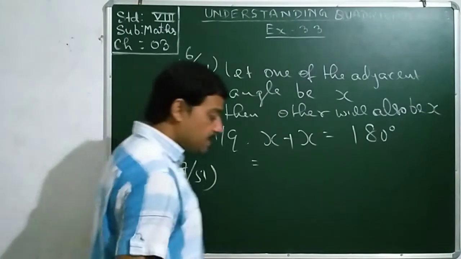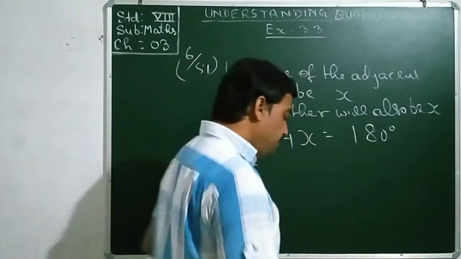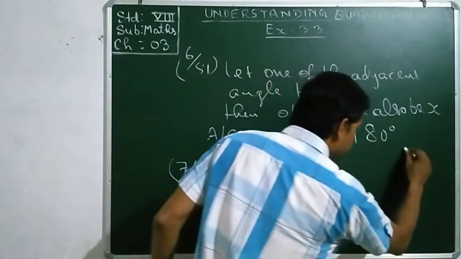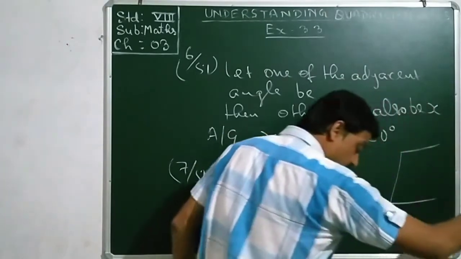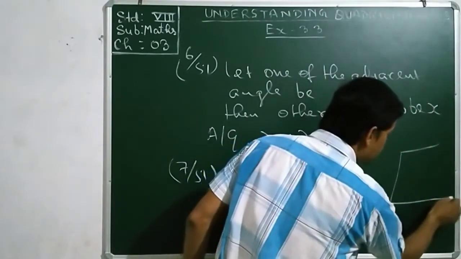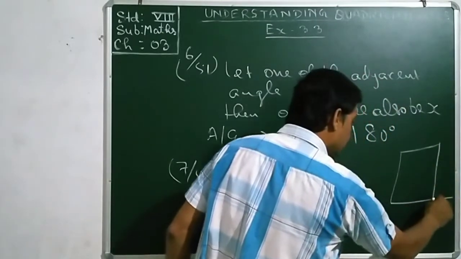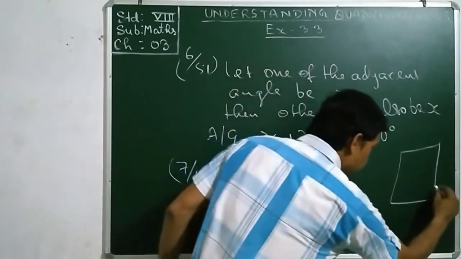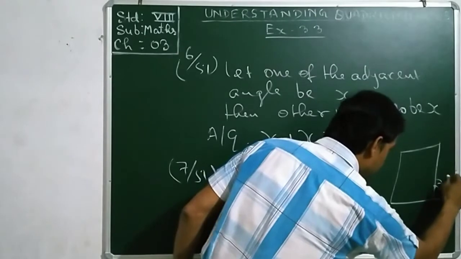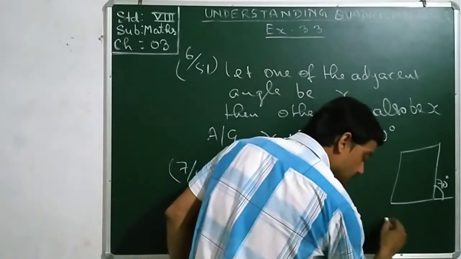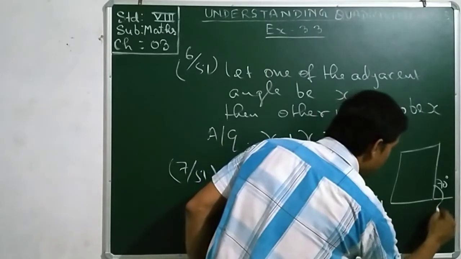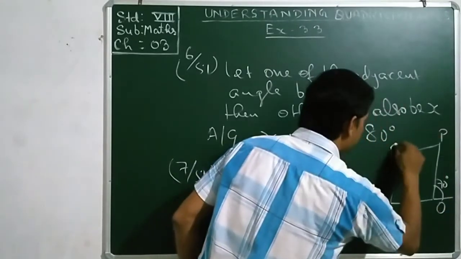In the 7 number sum, one figure is given there and figure stands like this. This side has been extended and measure of this angle is given as 70 degree. Name of the figure is H-O-P-E.